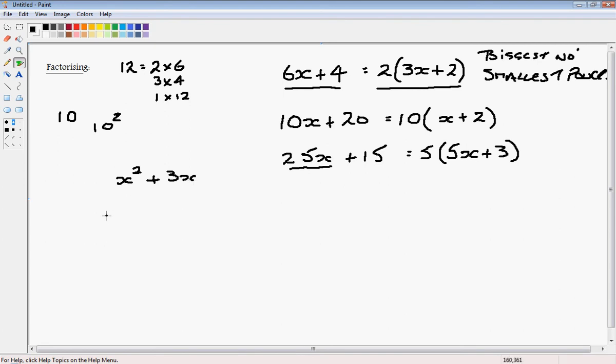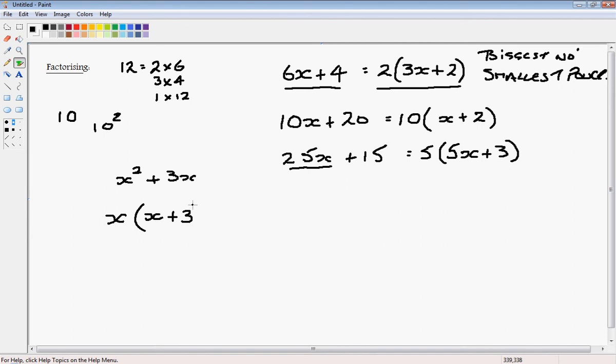So I pull the x out of the bracket. Now x times what will give me x squared? Now x times x will give me x squared, because anything times itself is squared. So I get x squared. Now x times what will give me 3x?